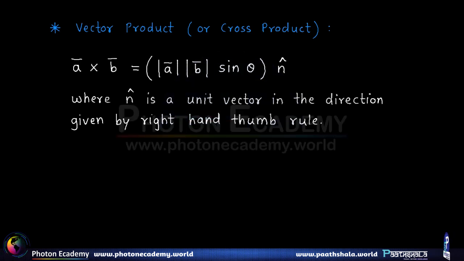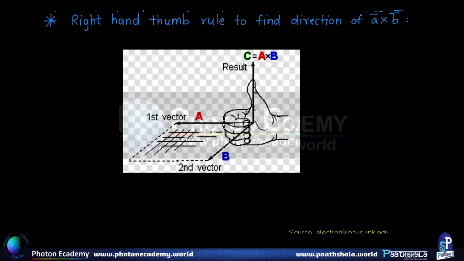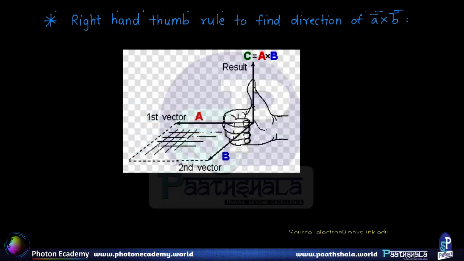That is what is called the right hand thumb rule. As shown in the figure, suppose there are two vectors a bar and b bar. To find the direction of a cross b, we use our right hand and sweep the vectors in the same order, that is first a bar and then b bar.